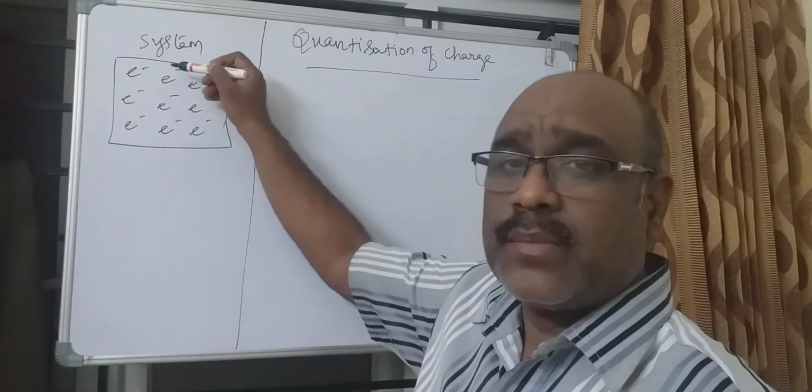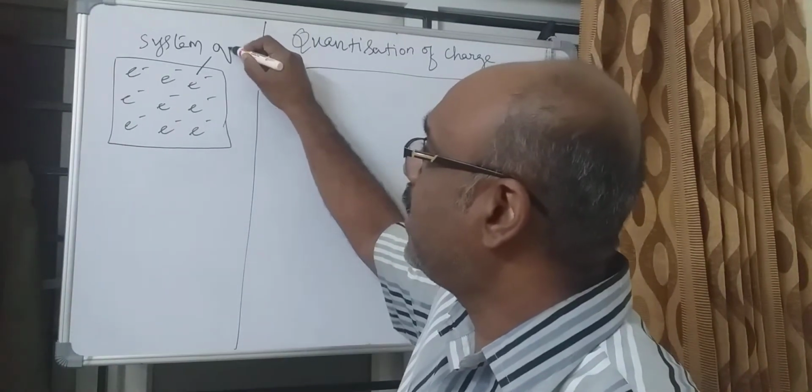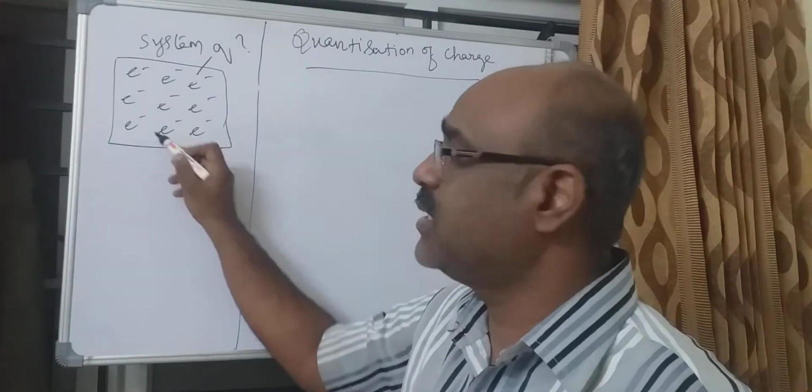If 9 electrons are present in this system, then what is the total net charge of this system?